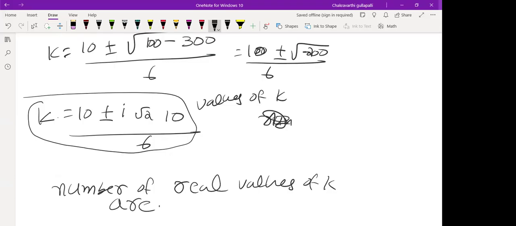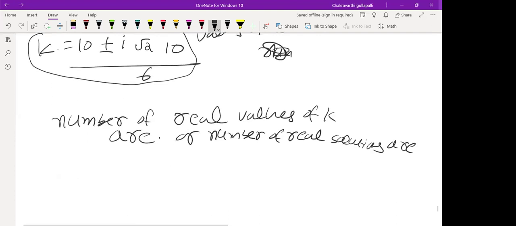That is, the number of real solutions is 0. There is no real solution at all. They are all complex numbers.